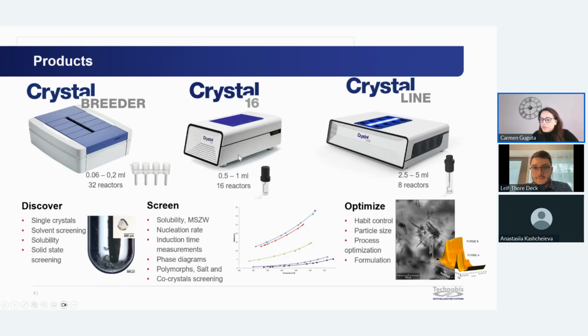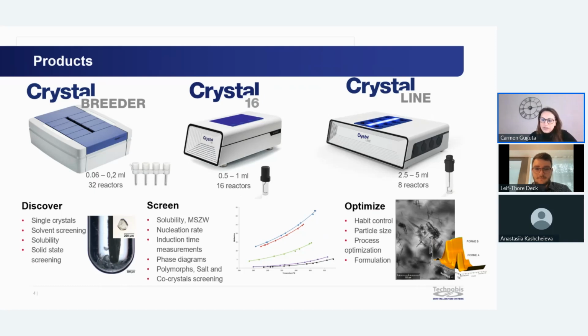If you have a Raman spectrometer, you can easily connect it to this multiple reactor system, and you can follow chemical reactions or polymorphic transformation while you are performing your experiments. All our analytics are inline, nothing is in contact with the sample.